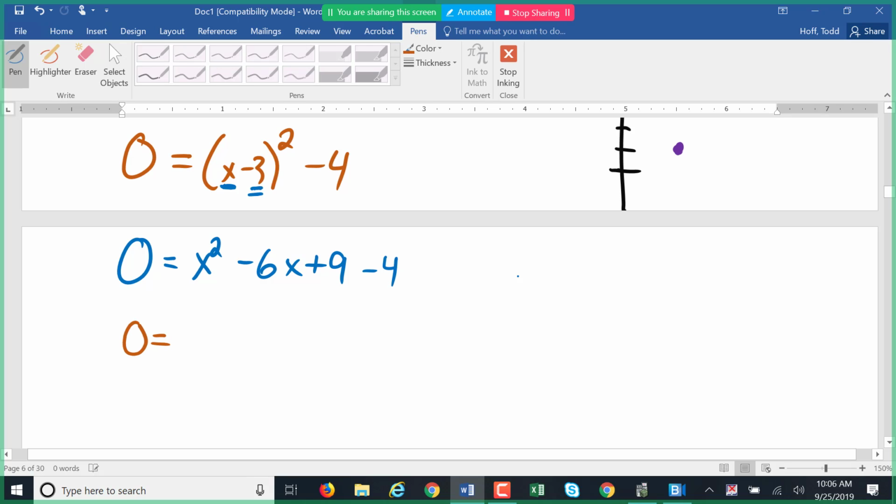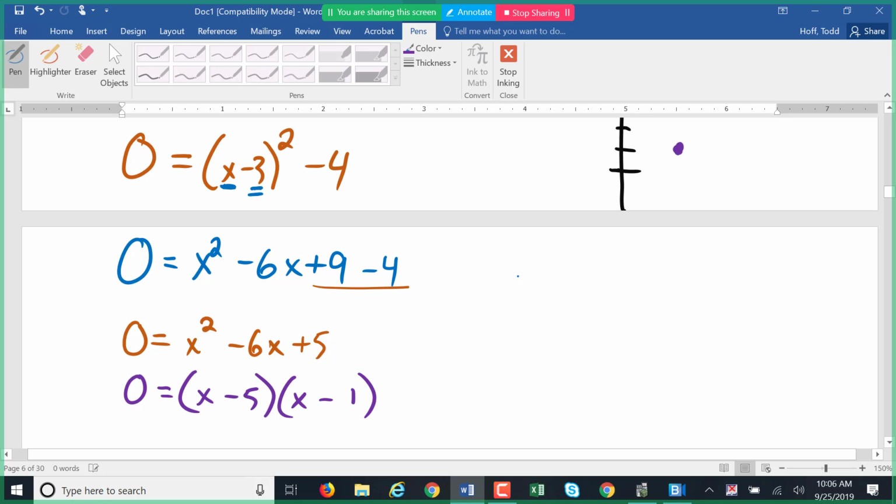So what we have here is x² - 6x, and 9 and -4 make +5. We have completing the square, we have the quadratic formula, but this one is fairly easy to factor. (x - 5)(x - 1).